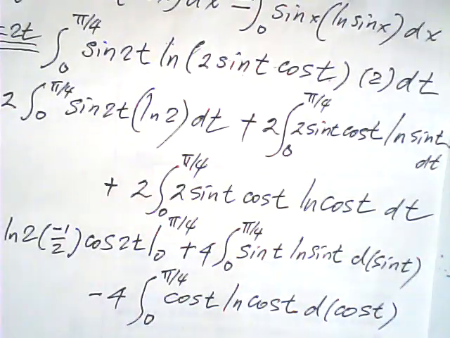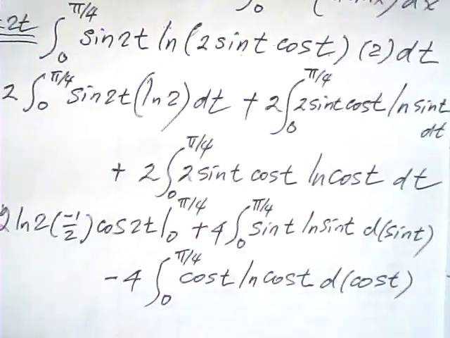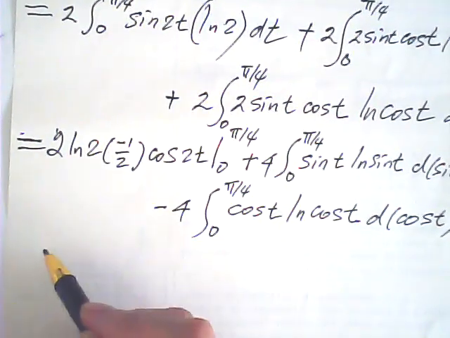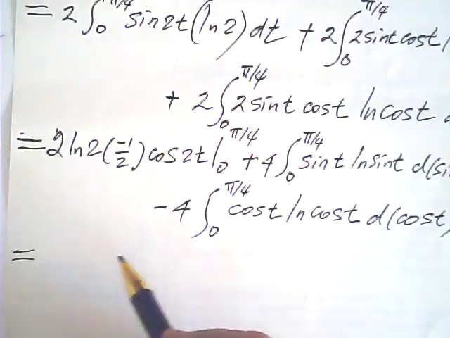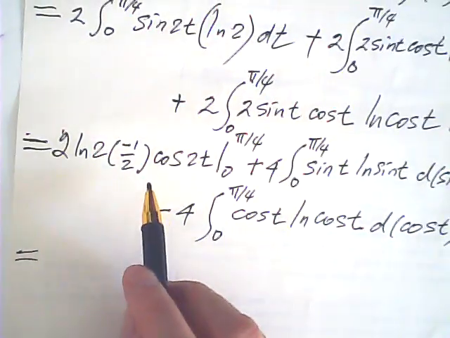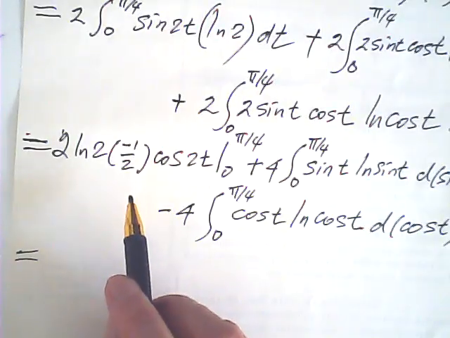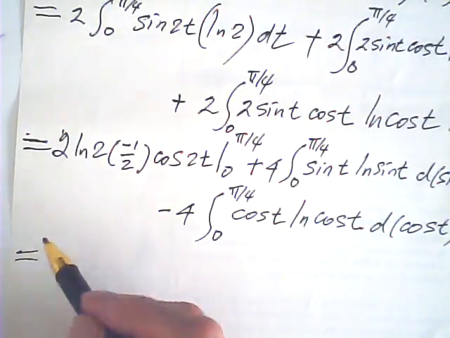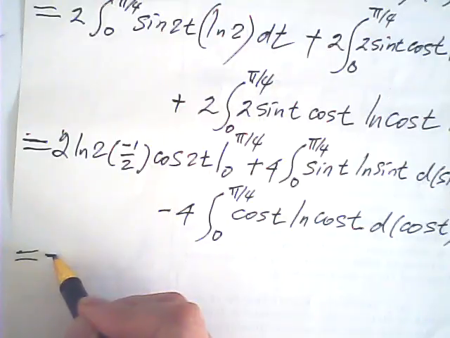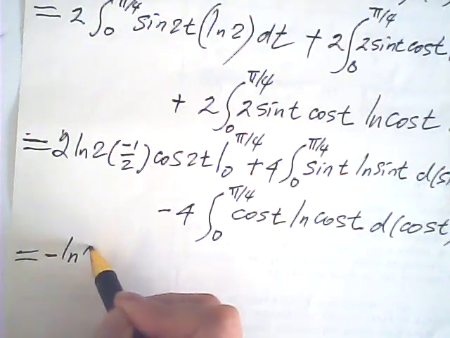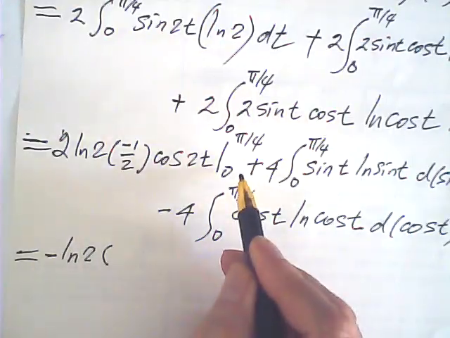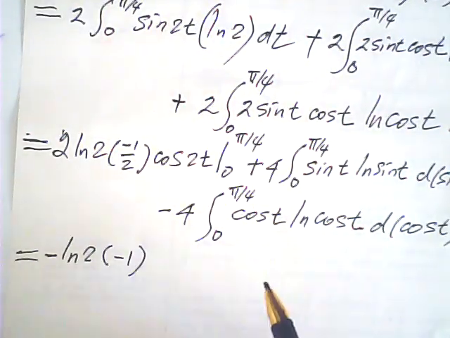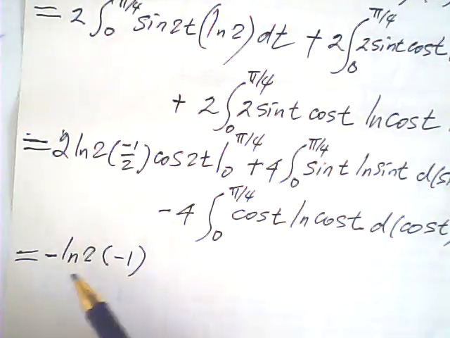So I change the negative sign. Very good. So this one is equal to negative log 2. This is a negative 1. Okay, so that is the first one.